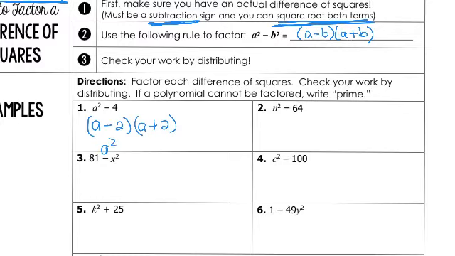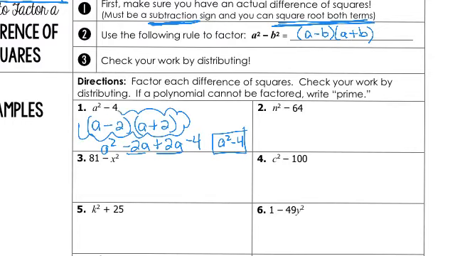I get a squared. I get a minus 2a. I get a plus 2a, and I get a minus 4. My two terms in the middle zero out. I'm left with a squared minus 4. Therefore, my factors are here.